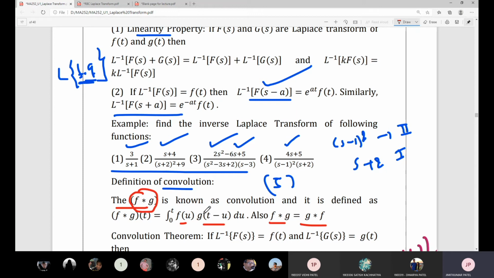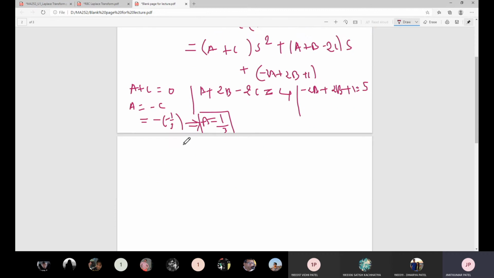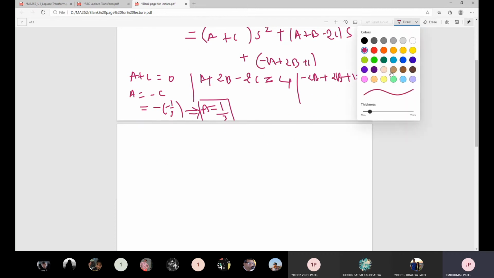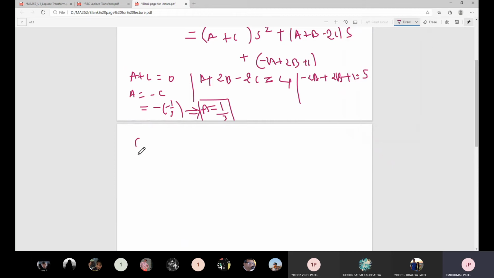Any doubt in convolution? Definition of convolution? Means you can see here, convolution can be defined as f star g. Whenever you see a star in the exam, that means you have to understand it as convolution.